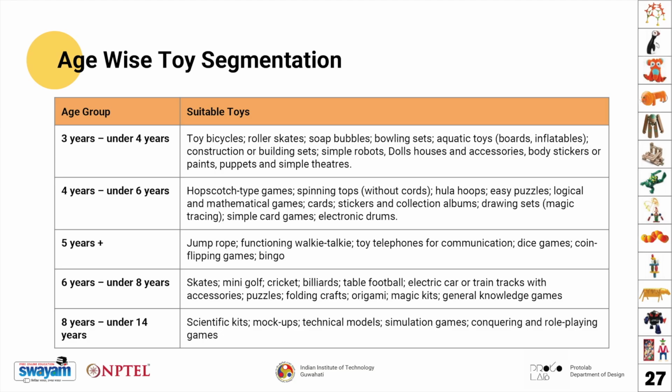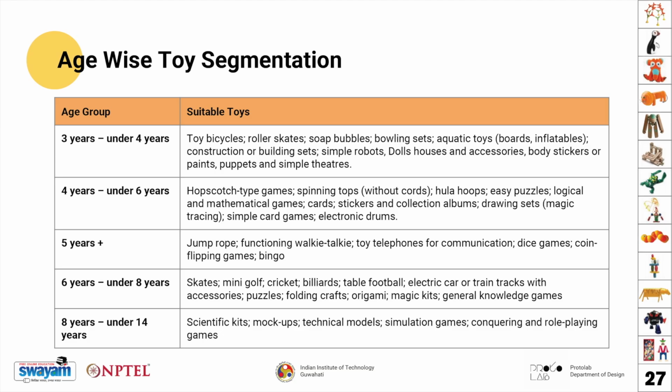Between 6 and under 8 years, children develop stronger motor skills and cognitive abilities. Toys like skates, mini golf, cricket sets, billiards, table football, and electric car or train tracks promote physical coordination and strategic thinking.